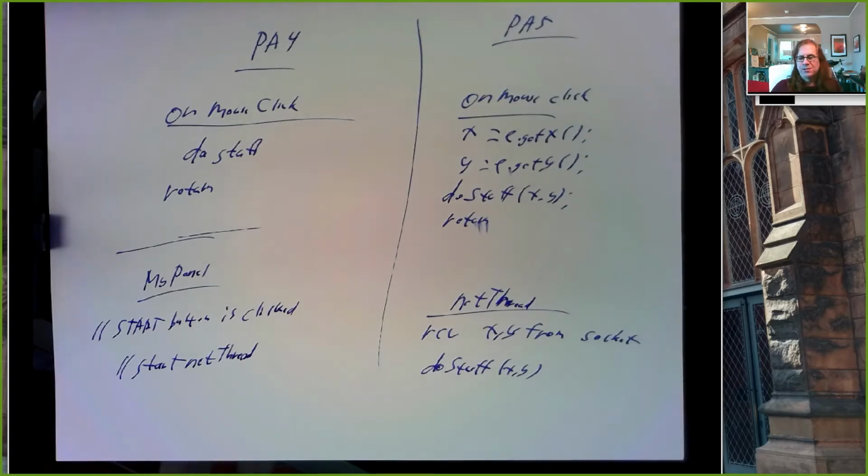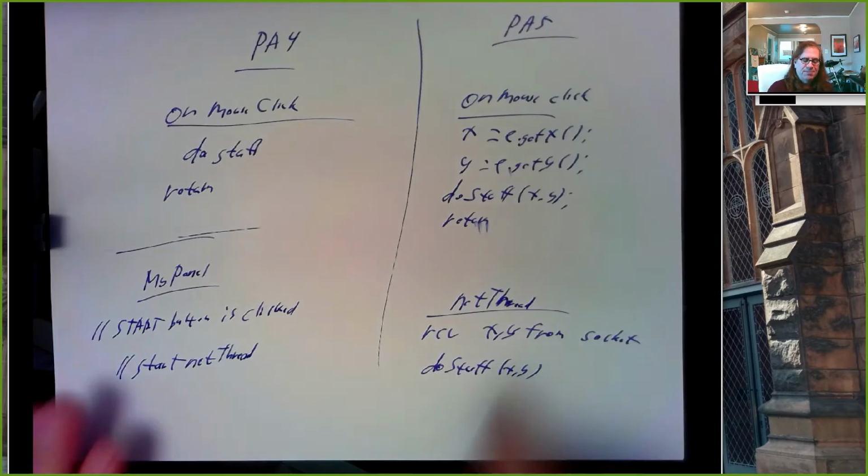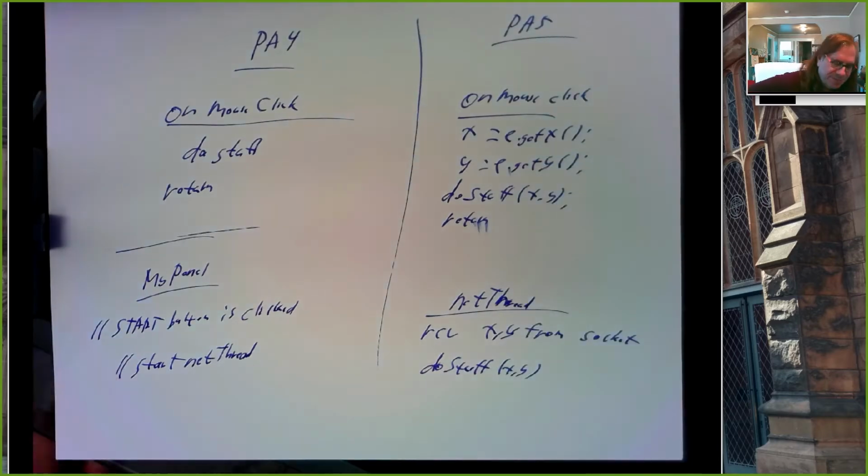And those buttons were probably part of the JFrame or a JPanel. And so that's where you want to go ahead and start the netThread. So construct it and call the start method. So yeah, it is from a mouse listener, but not the mouse click listener. Just from the thing that's waiting for a button to get clicked.